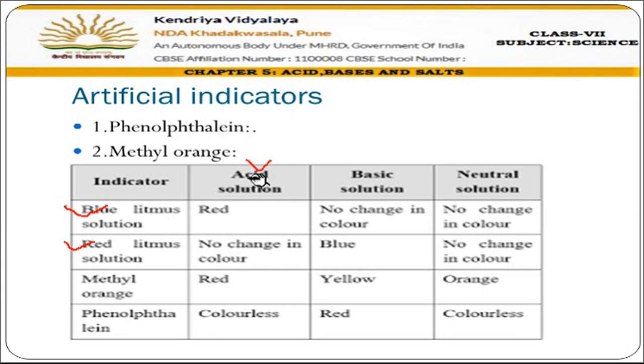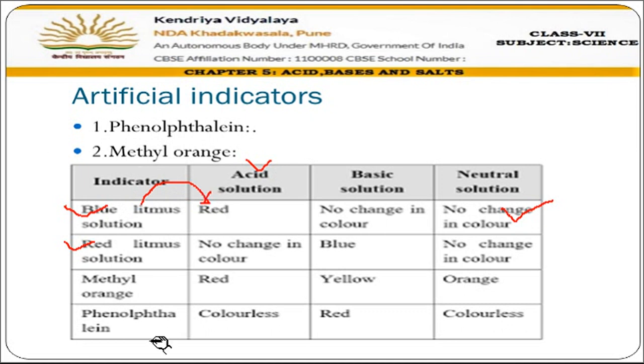That means an acid changes blue litmus to red. If you put blue litmus in a base, there will be no change in color. If you add blue litmus in a neutral solution, which is neither acid nor base, that means salts, again there will be no change. That means only acids can change blue litmus to red.